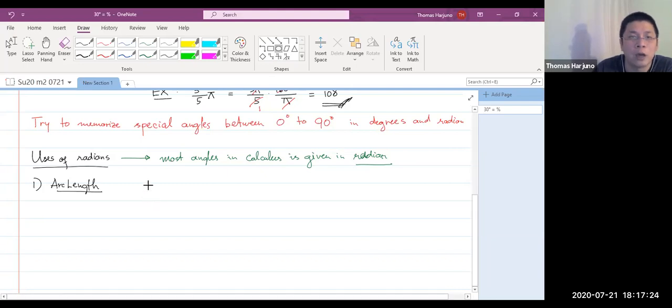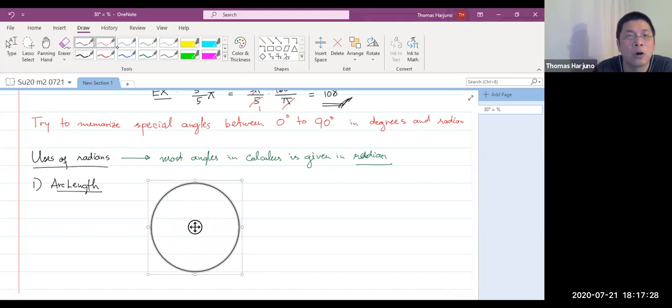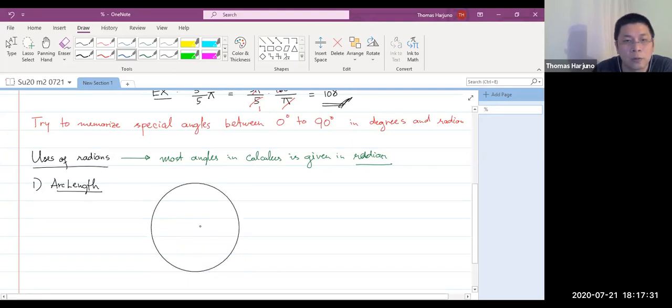Suppose we have an arc that is part of a circle. So we have known yesterday that if this is the center, this is the radius, the angle theta in radian here is the ratio between the arc length and the radius.